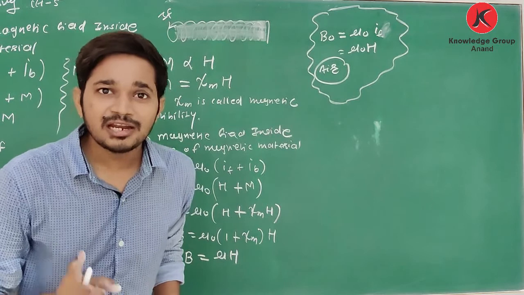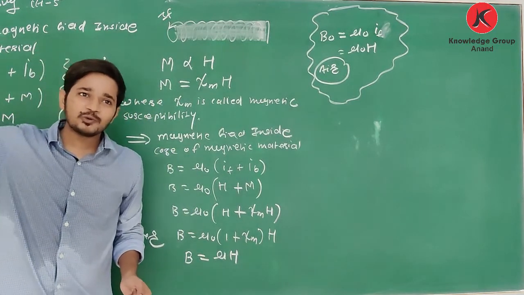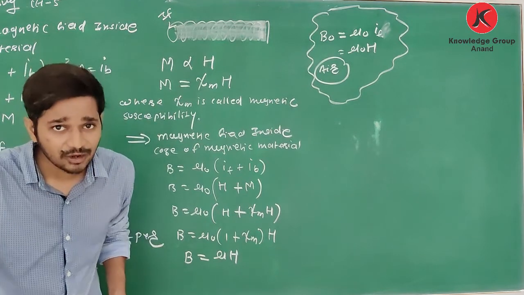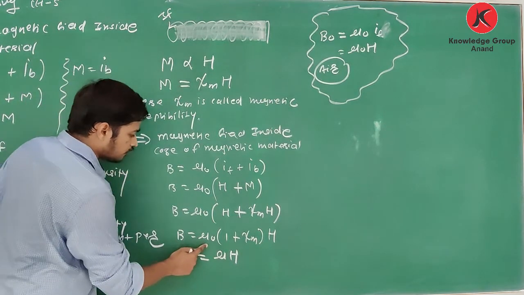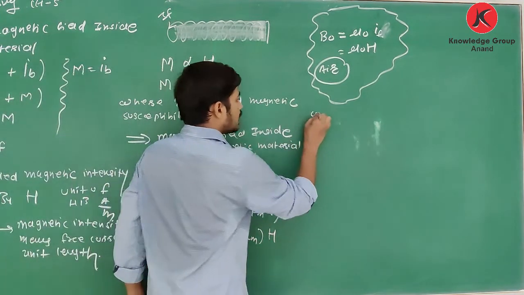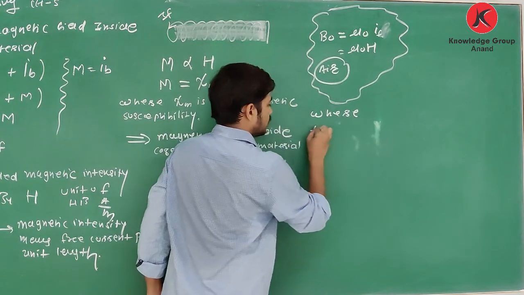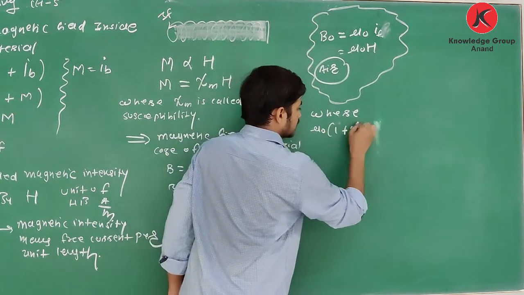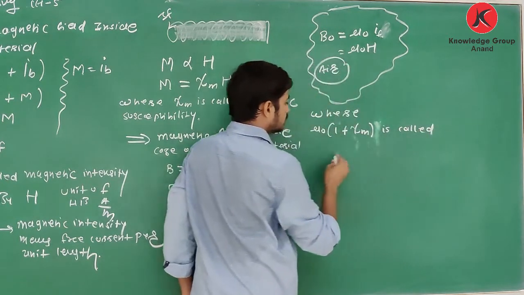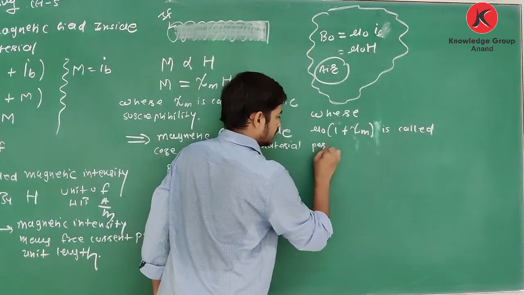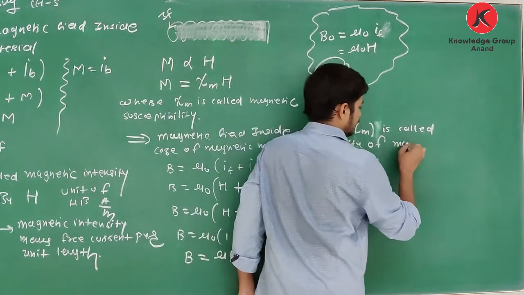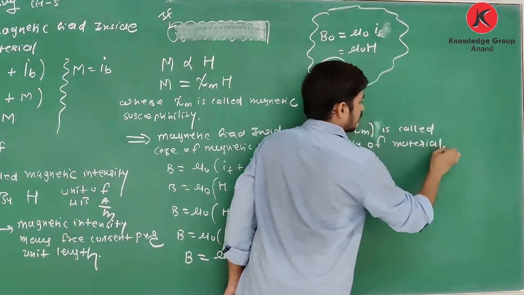Clear about this? Remember again chapter number 2, epsilon 0 1 plus chi e is equal to epsilon, a similar equation. Mu 0 1 plus chi m is equal to mu, where mu 0 1 plus chi m is called the permeability of the material.